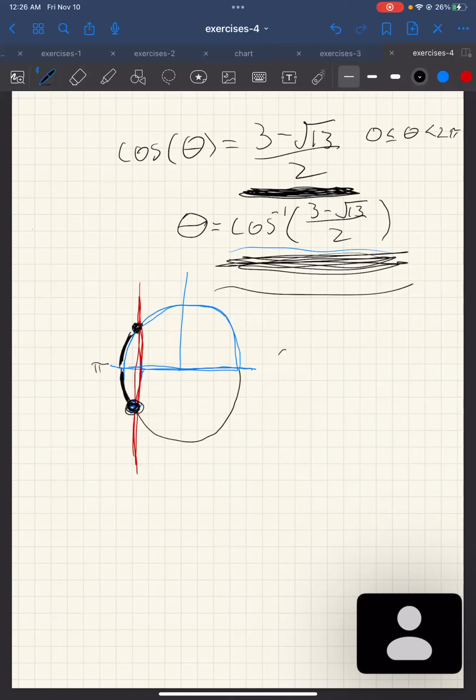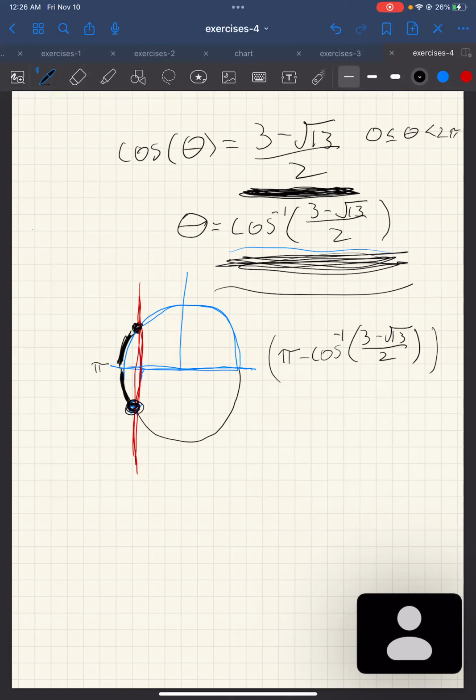So how do we find the distance from our cosine inverse to pi? I just do pi minus cosine inverse of 3 minus the square root of 13 over 2. And this is the distance that we needed to find.